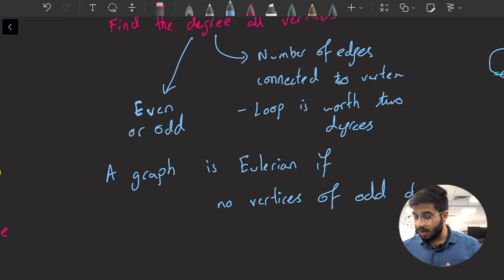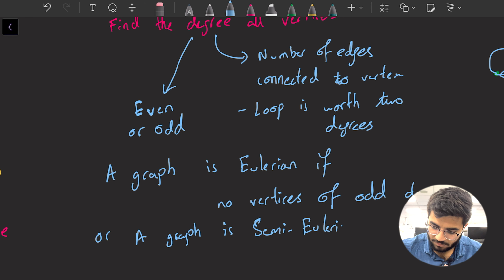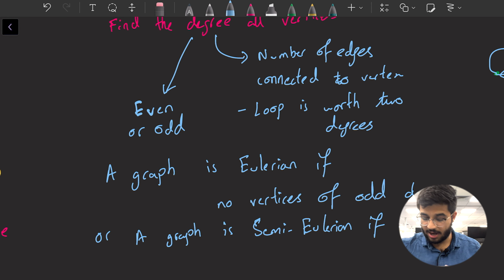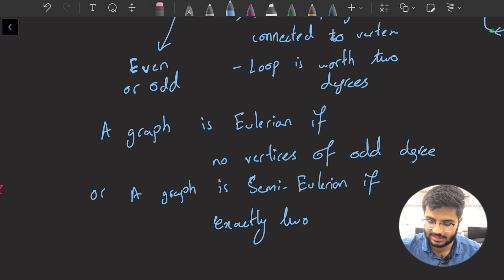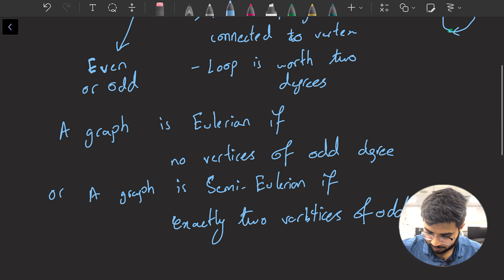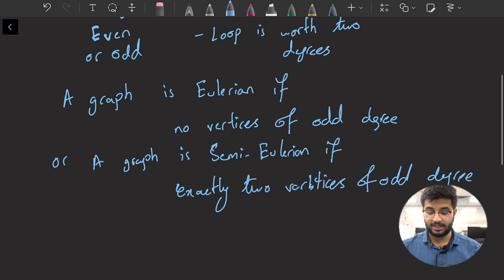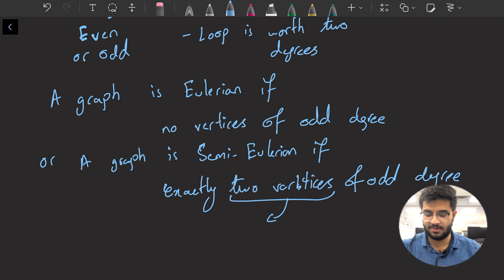Or a graph is semi-Eulerian if there are exactly two vertices of odd degree. And interestingly, these are the start and end points of the trail.